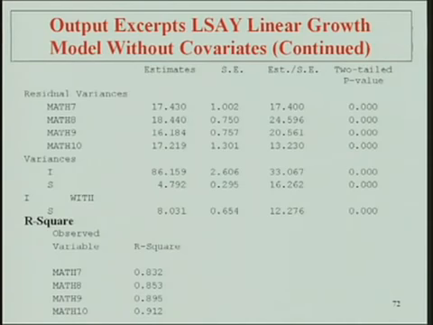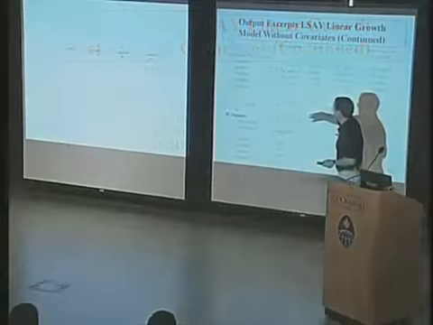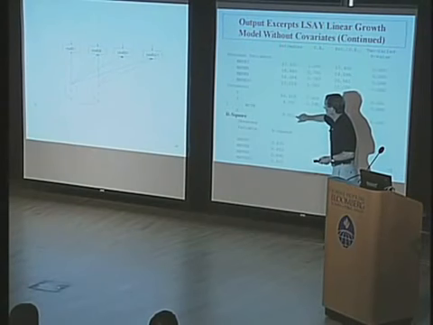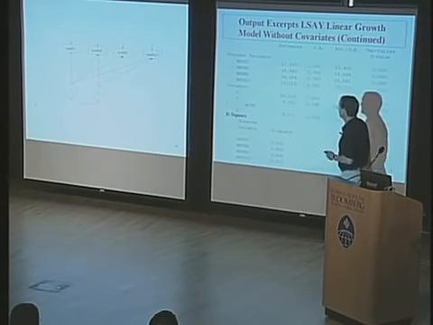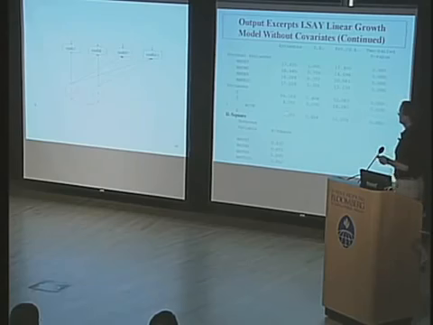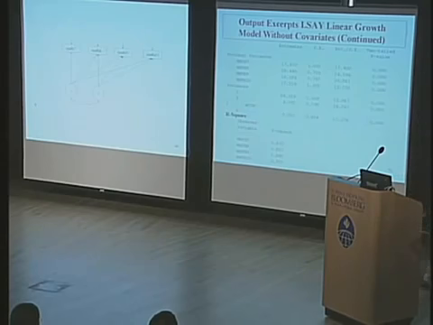And you also have the positive relationship between where you started and how quickly you grow. The higher you start, the faster you grow, is what this says. It's a covariance. If you ask for a standardized solution in the output, you get that covariance translated into a correlation. It's significant.